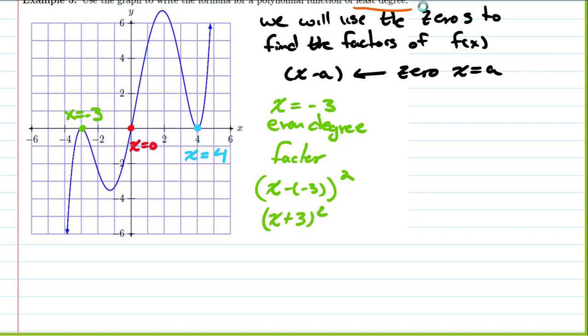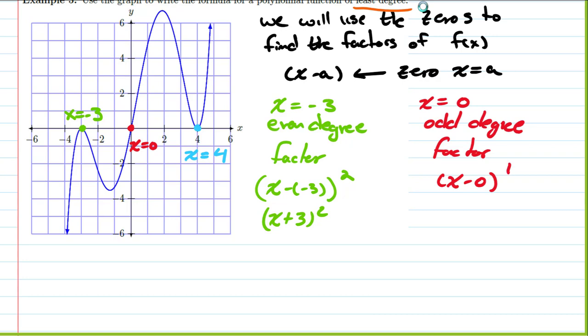Now we're going to look at our next one. We have x equals 0, and it passes through. So that's an odd degree. Our factor is going to be x minus 0. And what's the smallest positive odd number? 1.